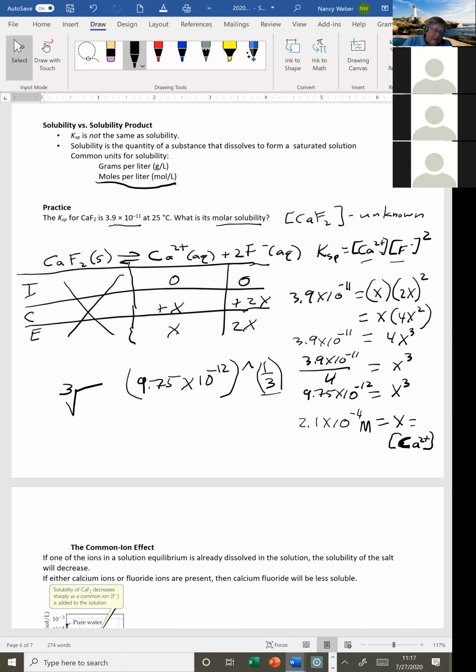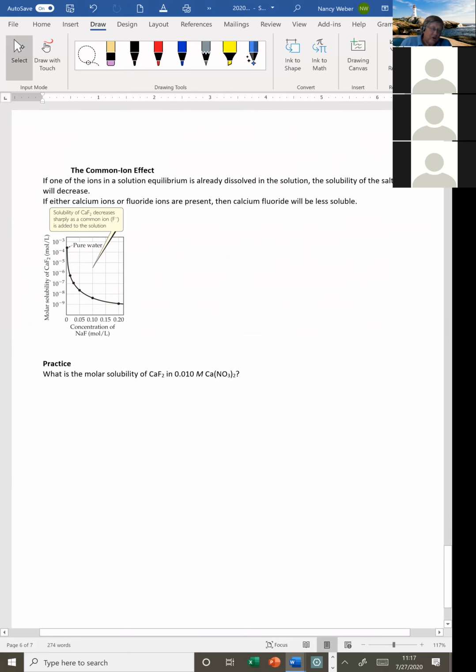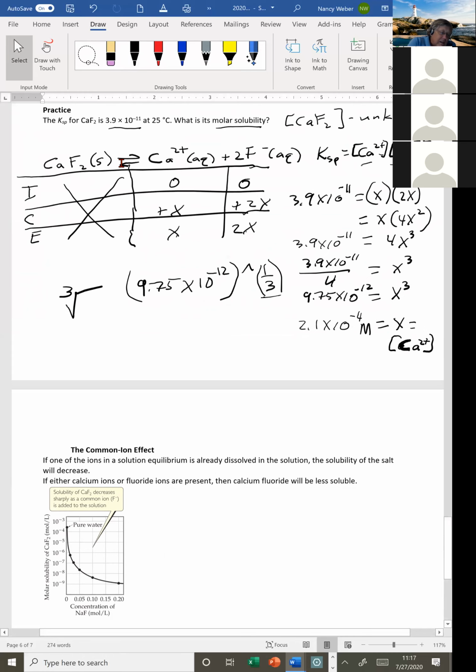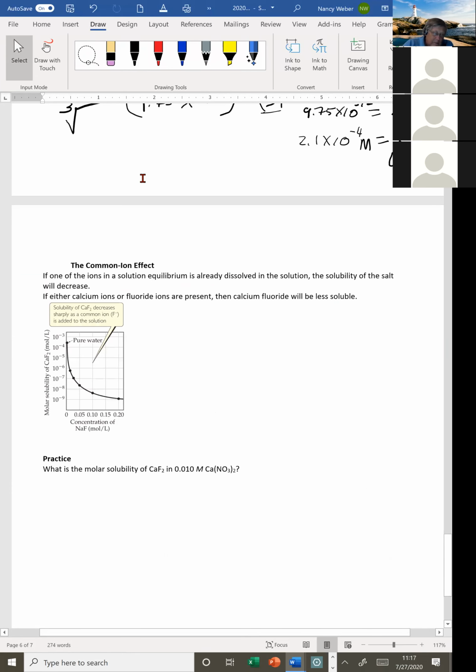All right. The other thing I want to talk about today is the relationship to the common ion effect. What happens if in this calcium fluoride that we just did, I had a common ion? We find that if you have a common ion, and in this case, they added some sodium fluoride to it, the x-axis is sodium fluoride, the y is the calcium fluoride.